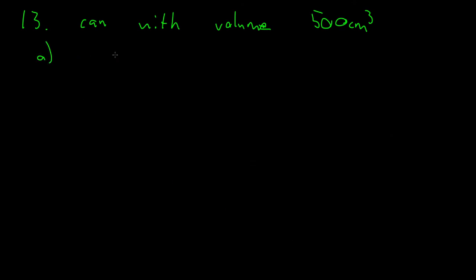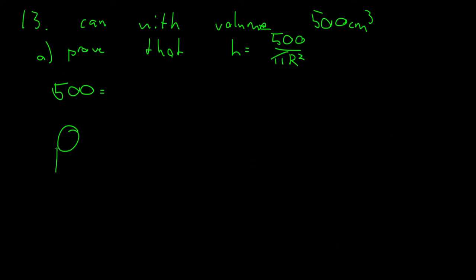And question A says, prove that the height equals 500 divided by pi r squared. So this one's pretty simple because we know that the 500 is the volume and the formula for the volume is pi r squared h. Imagine this is a cylinder. We've got h here.